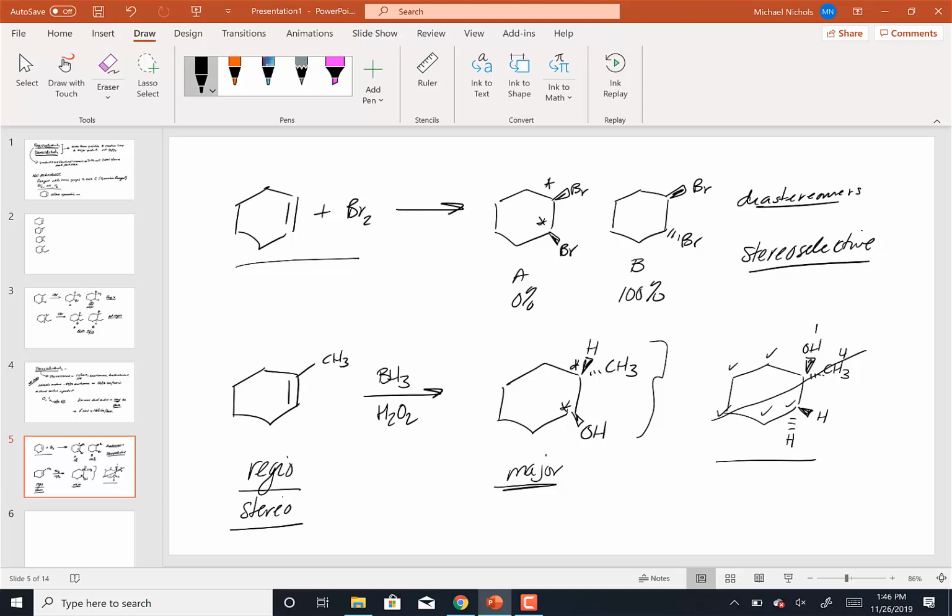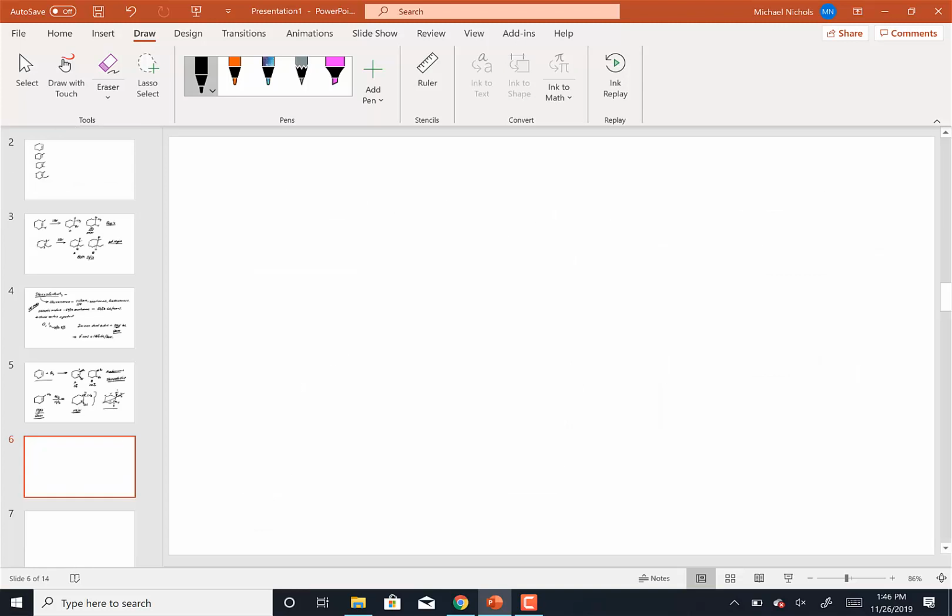Because if I would have taken this reaction with the BH3, H2O2, and I would have said, okay, how about we do that with the two methyl groups? And I say, what's the major product of this reaction?